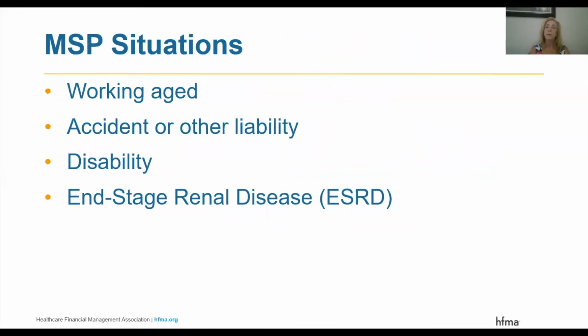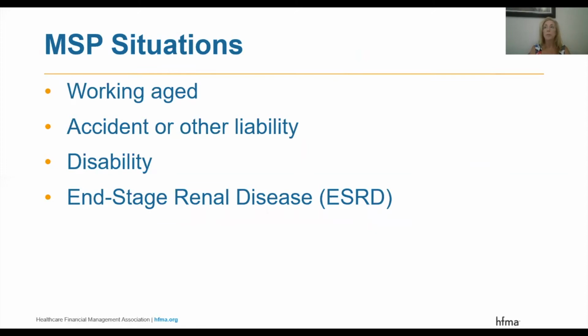So some of the MSP situations that we'll work through, and anybody that's been in patient access understands these can be very complex. Anybody that works in the billing office understands the types of denials that happen if we don't get this right. So, working age: the patient is age 65 or more, is employed, and has group health coverage through the workplace.